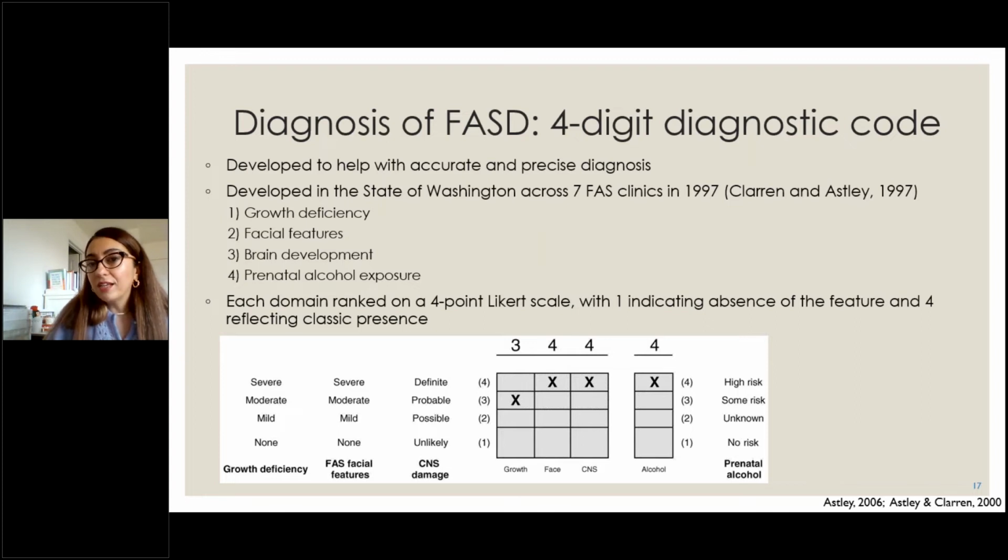What is really nice about the 4-digit diagnostic code is that it has numerous codes that you can get, right? Someone could have number 2 and 3 and 4, someone could have all of them, someone could have 3 and 4. So we could have numerous combinations, and they also provide a very nice write-up for each of the possible combinations that are out there.